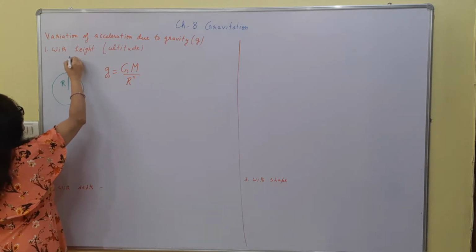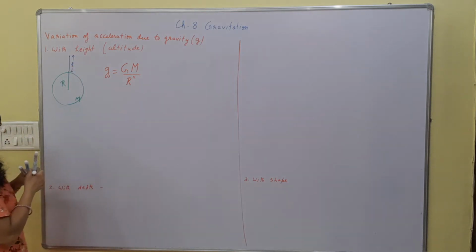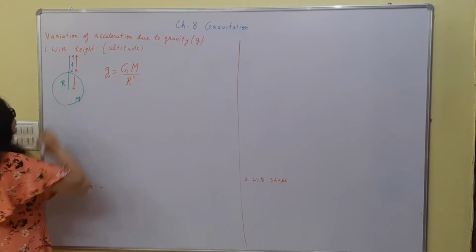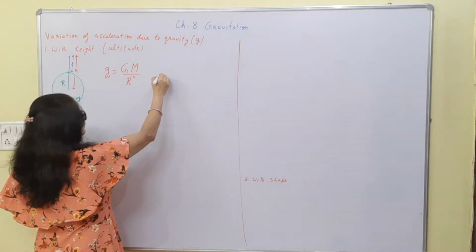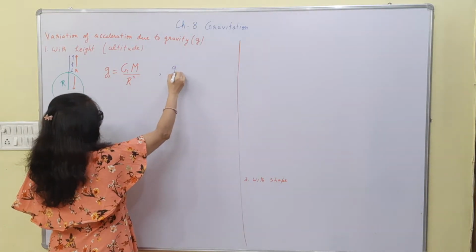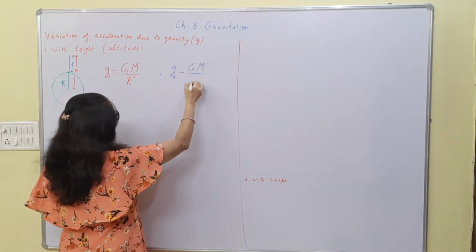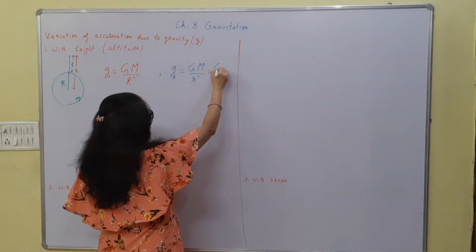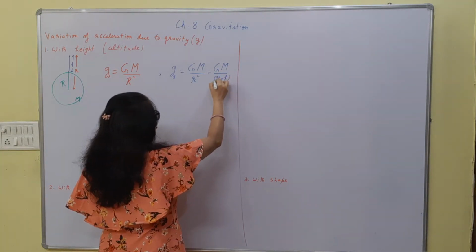from the earth's surface, if the body is here, then this is the height h, right? And if we consider it, the separation between the centers can be taken as small r. So we can write that the value of acceleration due to gravity at height h will be G capital M upon small r square, and this can also be written as G M upon R plus h whole square.